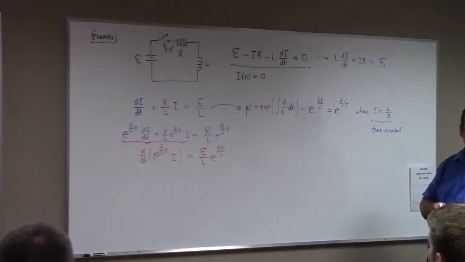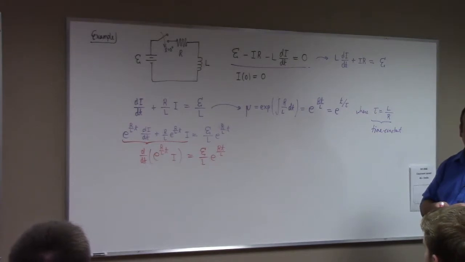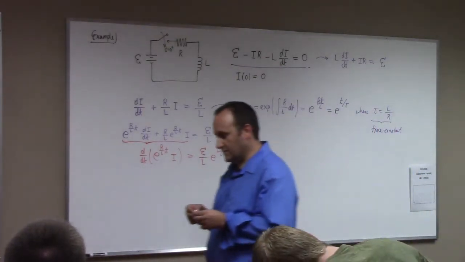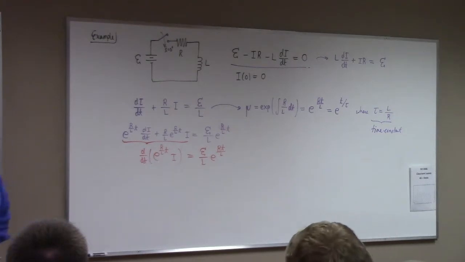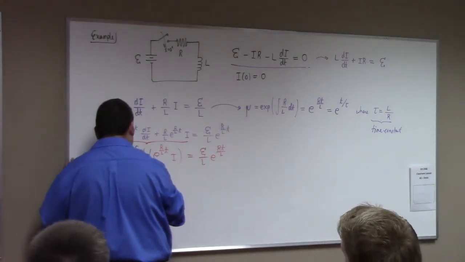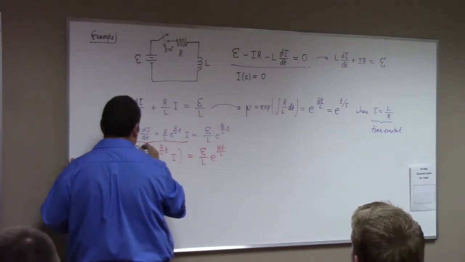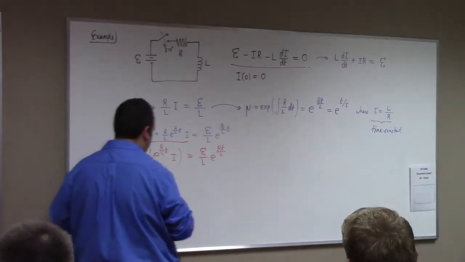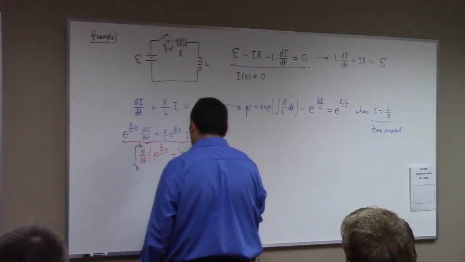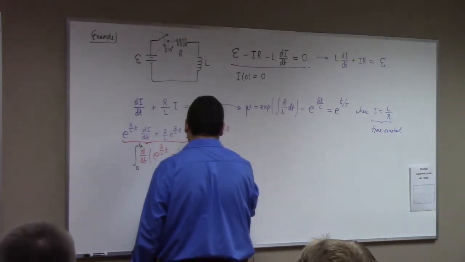Let me use a kind of similar trick to the one I did already. Let's integrate, but let's integrate smart. Let's integrate from time 0 to a final time, tf, dt.